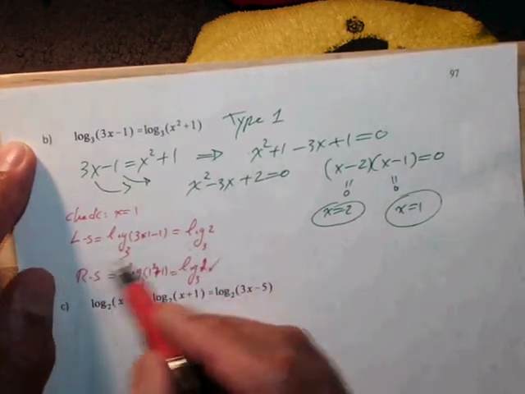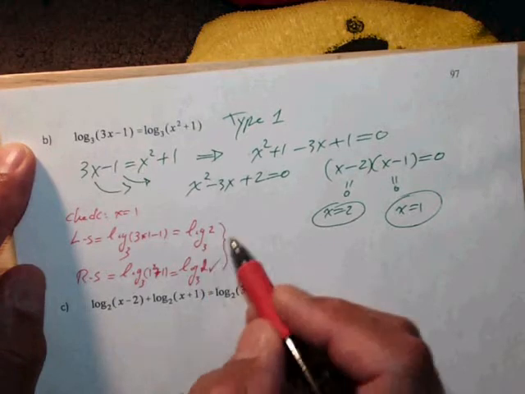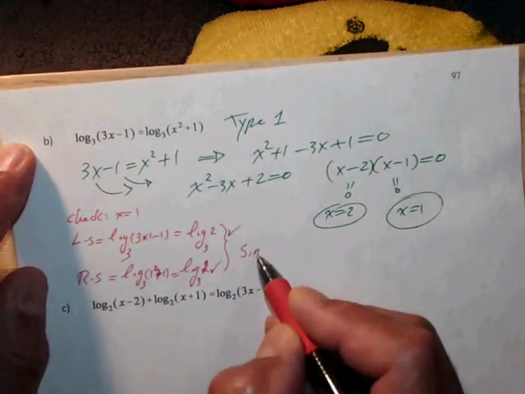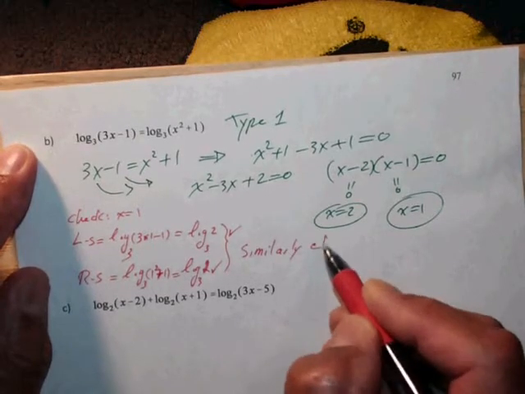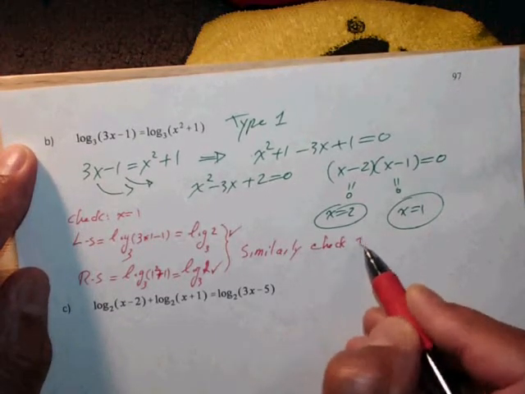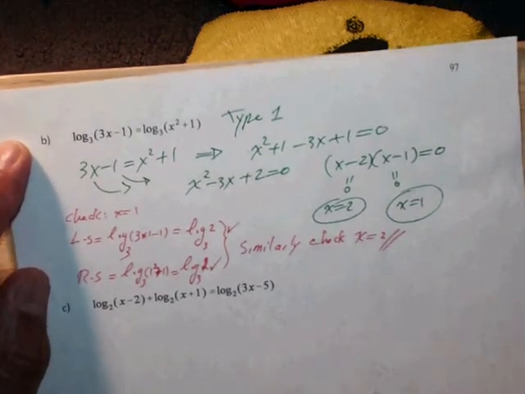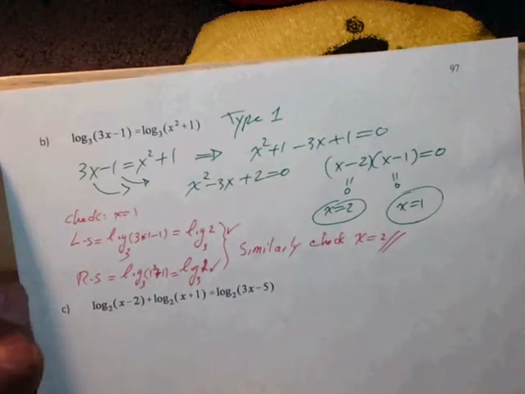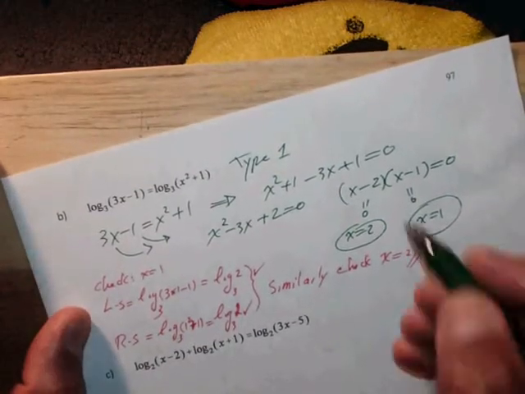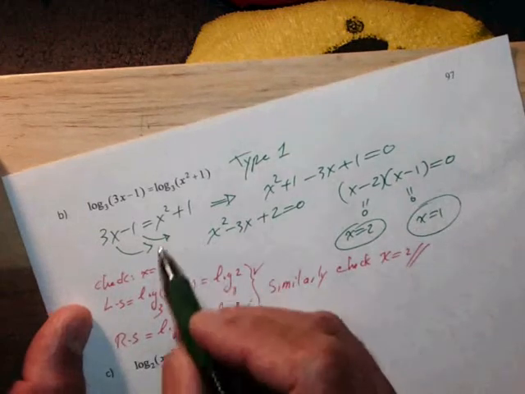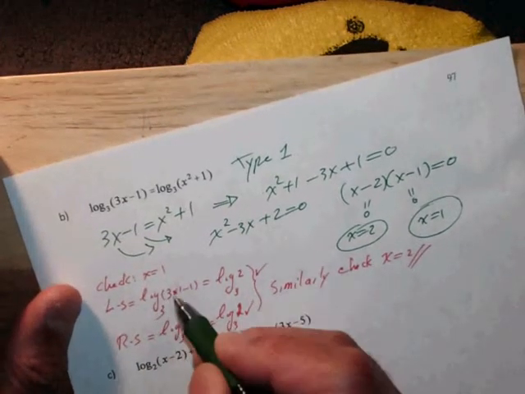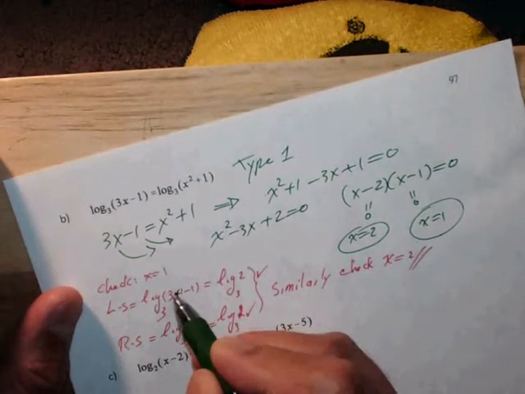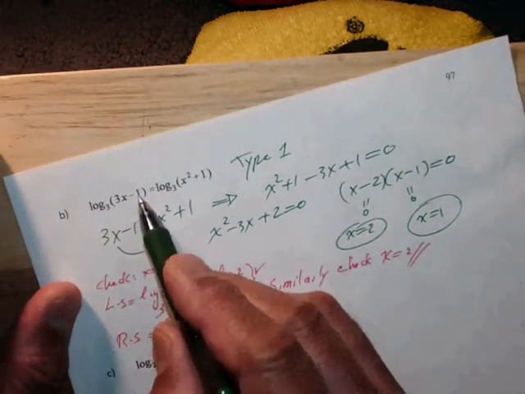You see, left side equal to the right side. Similarly, check x equal to 2. I'll let you do that as an exercise. You see what I did? For x equal to 1, I replaced this x by 1. You see, 3 times 1 minus 1.